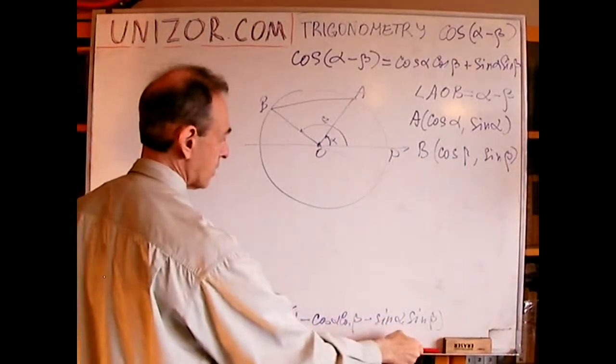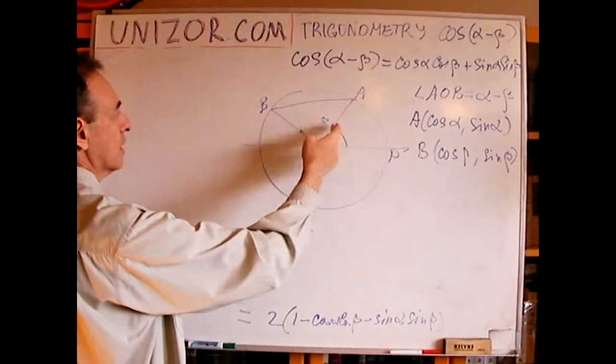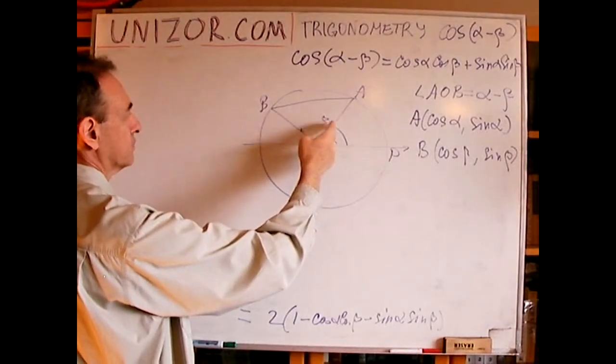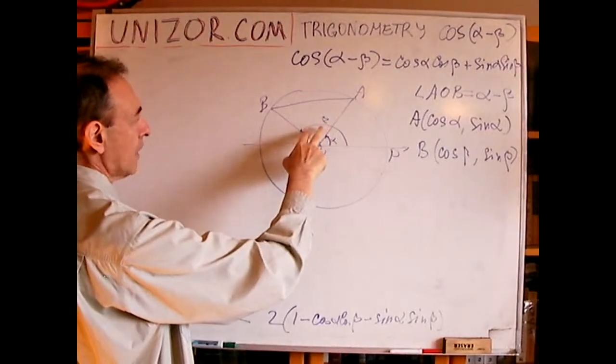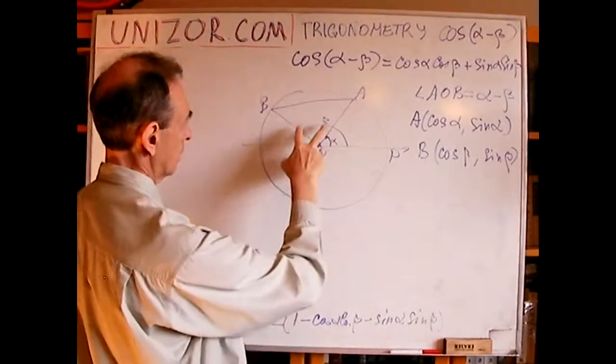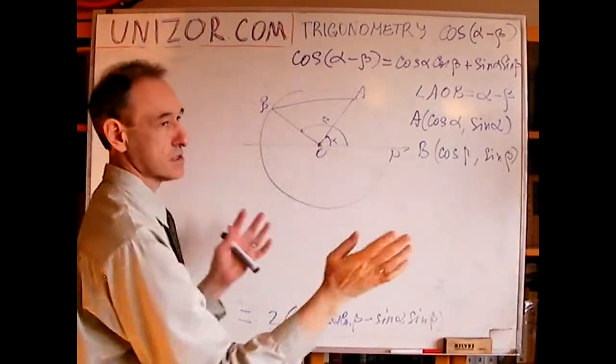So let's forget about this case, and let's assume that the difference between alpha and beta is less than pi, so I can consider this triangle.